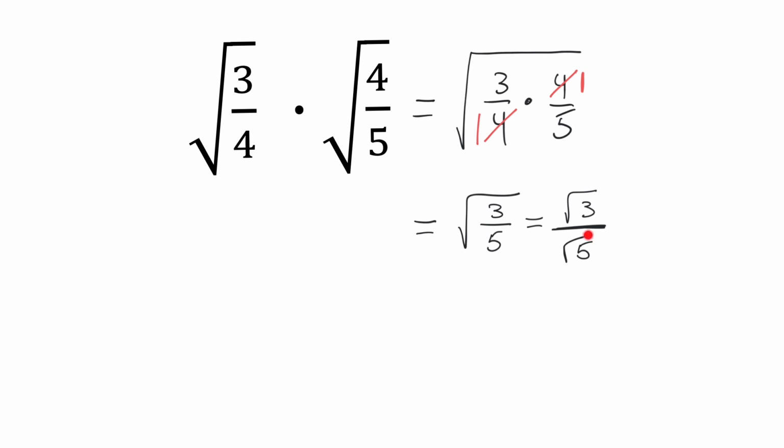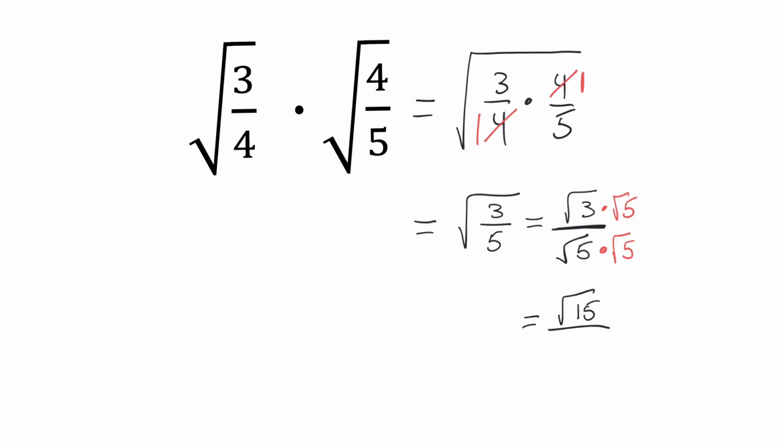And again, on the bottom, we cannot have a radical, so we have to rationalize this square root. It is the square root of 5. So I'm going to multiply by the same radical. I multiply the bottom, and I multiply the top. So on the top, these 2 numbers, they do have radicals. 3 and the 5, they have a square root. So you can multiply the numbers inside of the radical. So that's going to be the square root of 15.